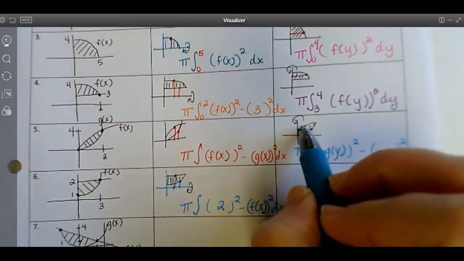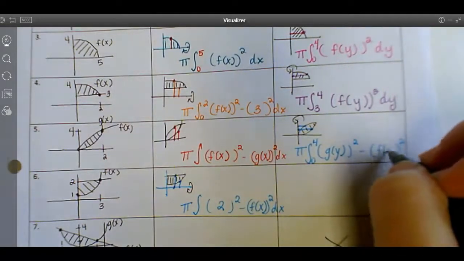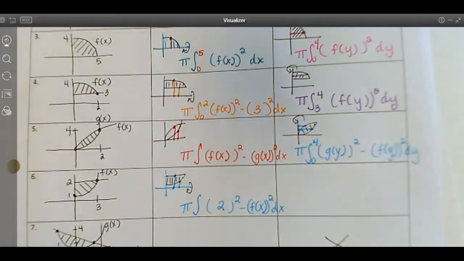This one is the one that's closest to the x-axis or farthest in, so that would be f of y and then dy. Alright, we'll do possibly one more. Actually, I think we'll just stop right there. I will let you try those and I will show you the answer. So pause the video now and work on those, and then I'll show you those answers.